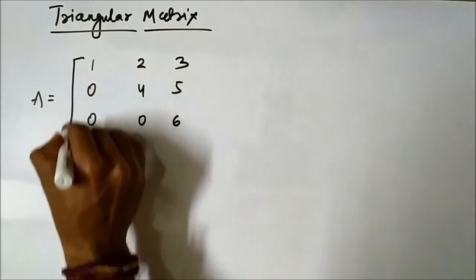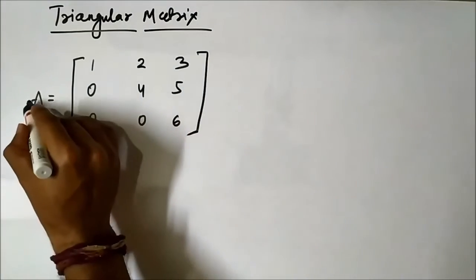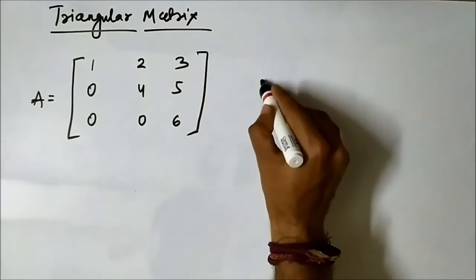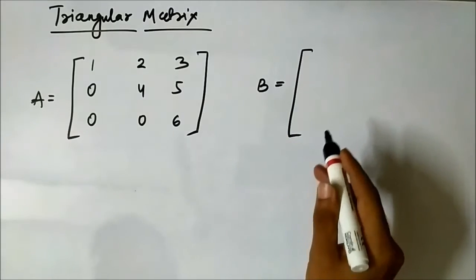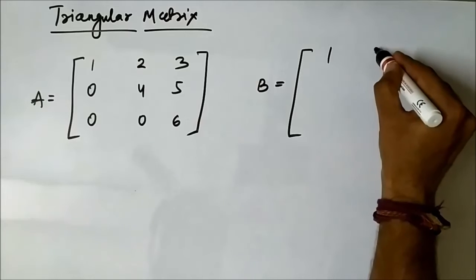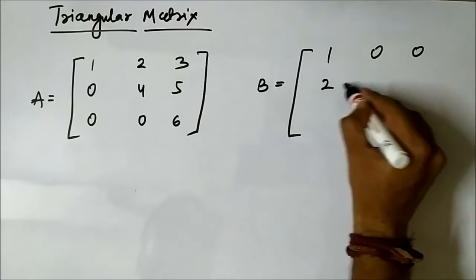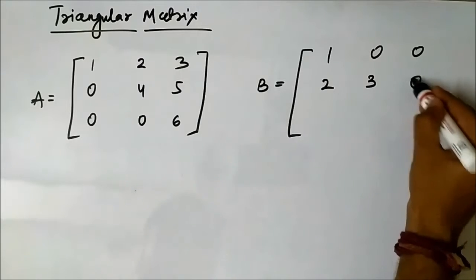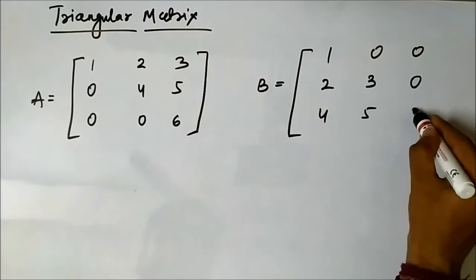Okay, so this is matrix A, and another matrix B I define as this: 1 0 0, 2 3 0, 4 5 6.